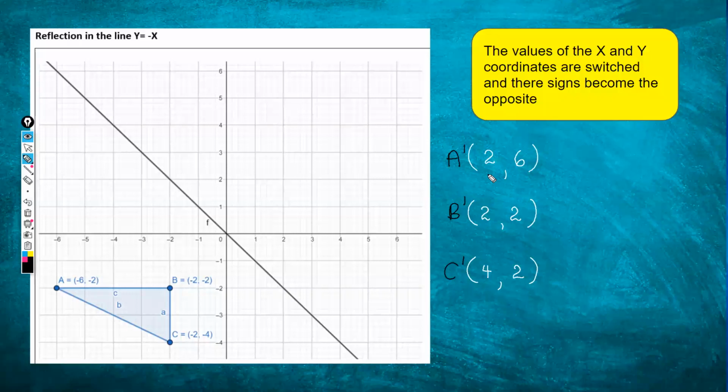So let me draw. In the exam, you'll need to draw it out, right? But today you don't have to. So the first point is 2, 6. That's somewhere up here. So that's A prime. In the exam, you'll have to put the name of the point plus the coordinates next to it. B prime, 2, 2.